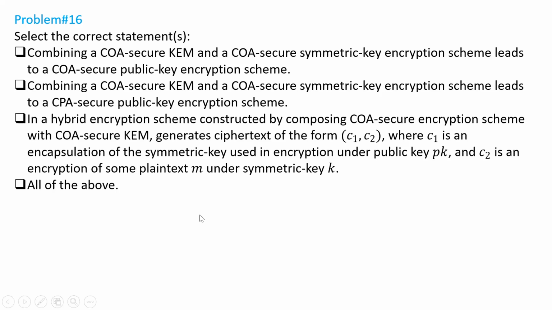During decryption, the decryptor first takes the first component of the ciphertext, C1, and passes it through the decapsulation algorithm with the secret key SK, and gets the key K. Then using the symmetric key K, it applies the decryption algorithm on the ciphertext component C2 and recovers the corresponding message M. So that is how you compose these two secure constructions.